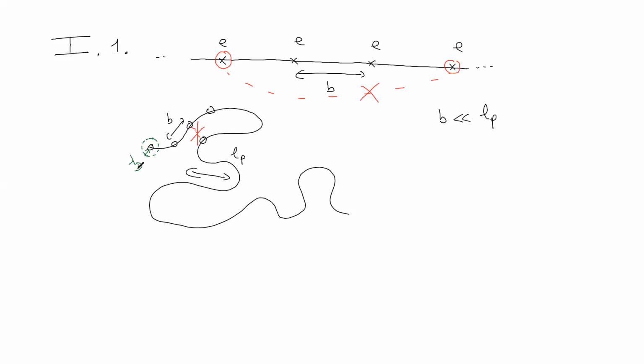And within this distance, in contrast, you have the Coulombian interaction. So you want also this Debye length to be typically much smaller than LP, so that you don't bring some non-local interaction in your 1D description. Okay, so those are the two prerequisites so that we can really describe DNA this way.